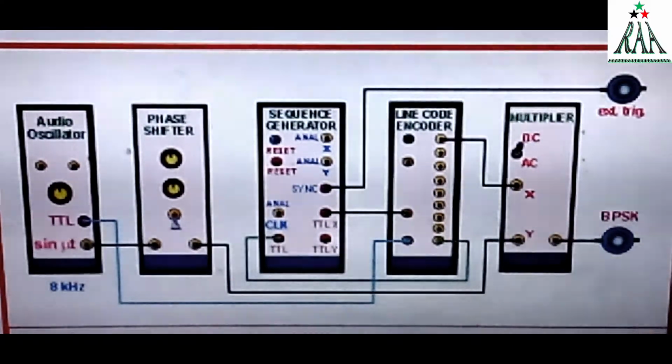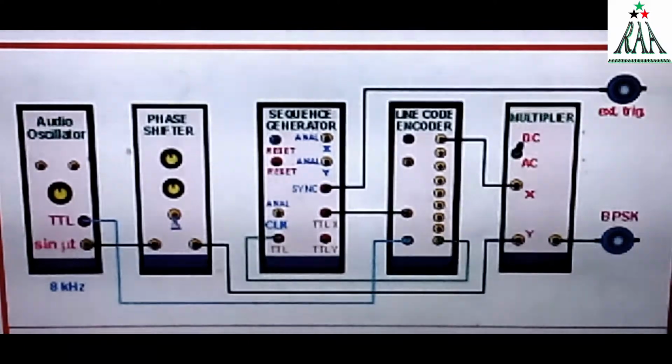So the output line coding scheme which you want to use will be taken from the line code encoder and given as input to a multiplier.